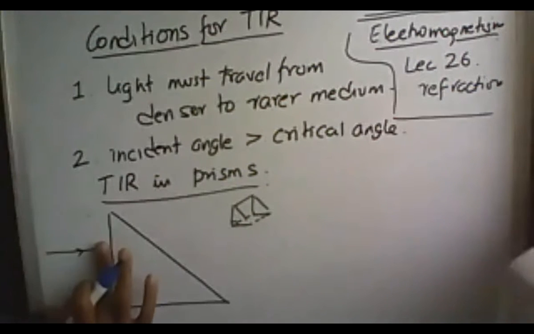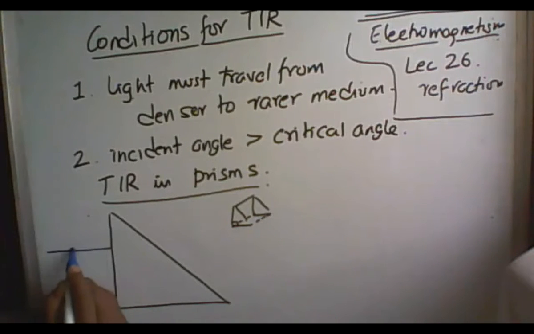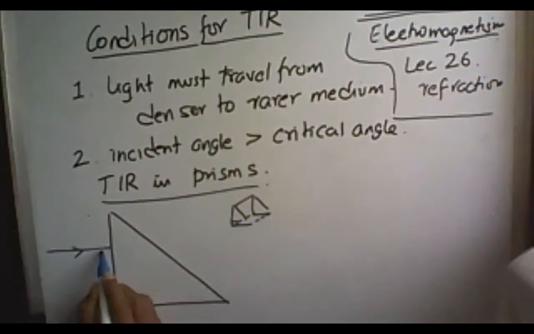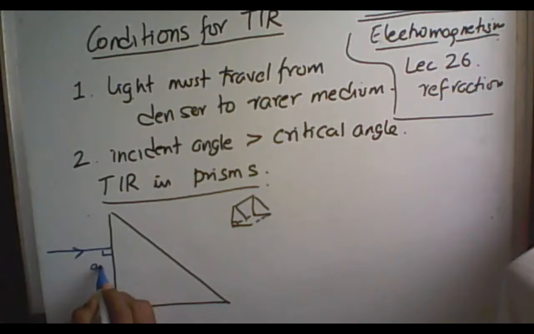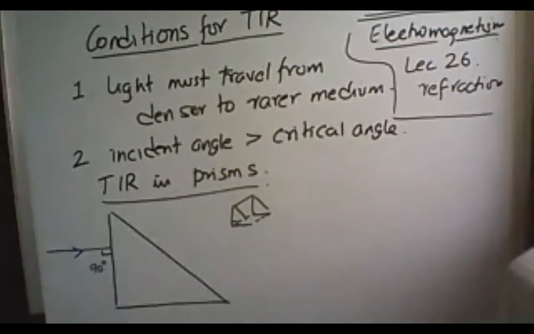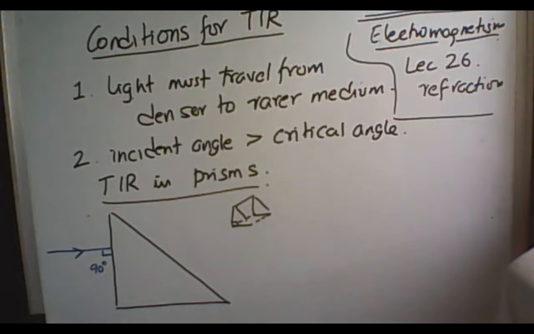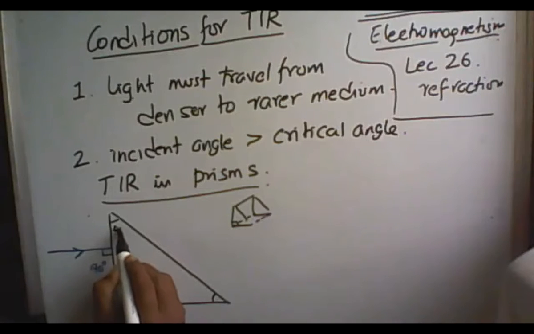Let me change the color there. Let me mention that the angle over here is a right angle, 90 degrees. Since it's a right angle, it is isosceles, right? So this will be 90 degrees, and these two will be 45 and 45.